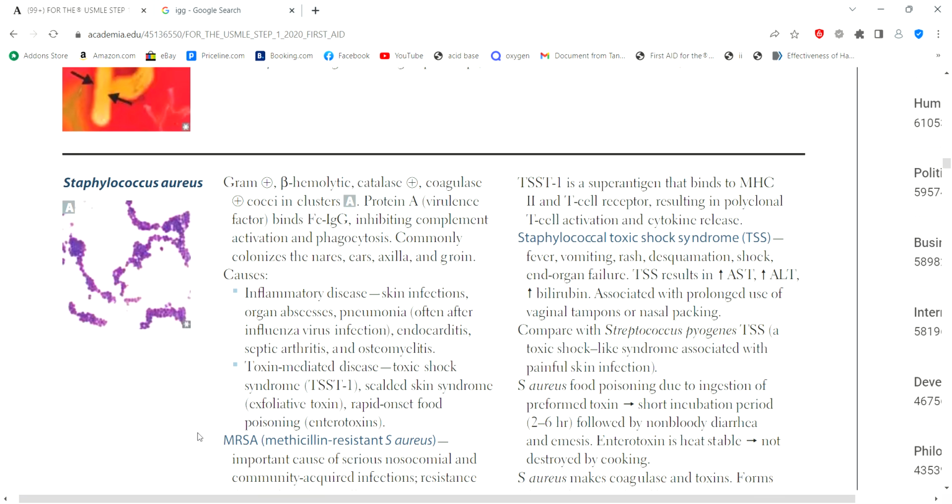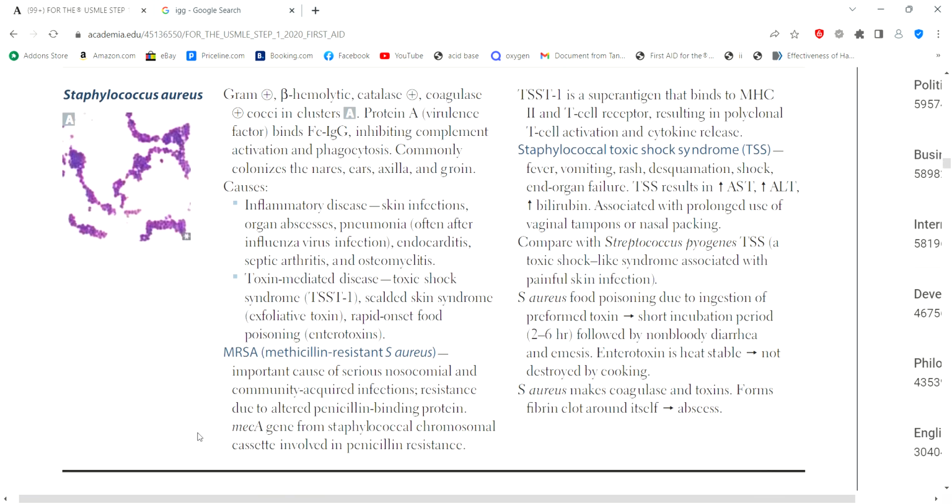Next, MRSA, methicillin-resistant Staphylococcus aureus. It is an important cause of serious nosocomial and community-acquired infections.